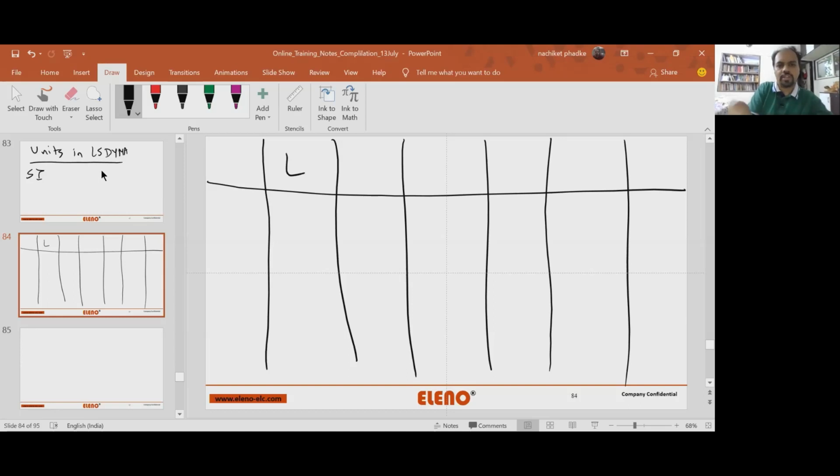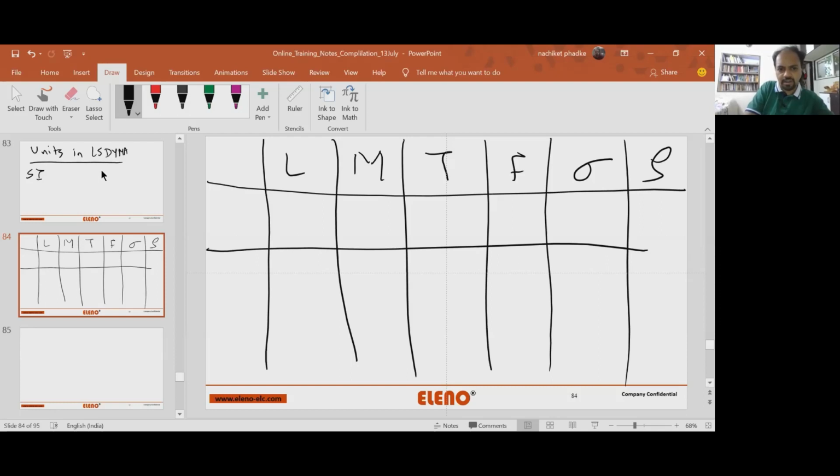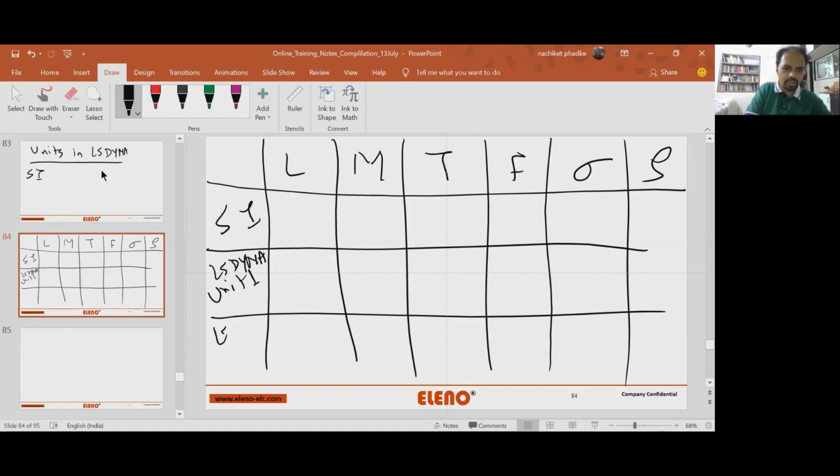So we'll go for length, mass, time, force, stress, and density. Okay, and we will have three rows. First will be SI unit, second will be LS-DYNA unit 1, and third will be LS-DYNA unit 2.